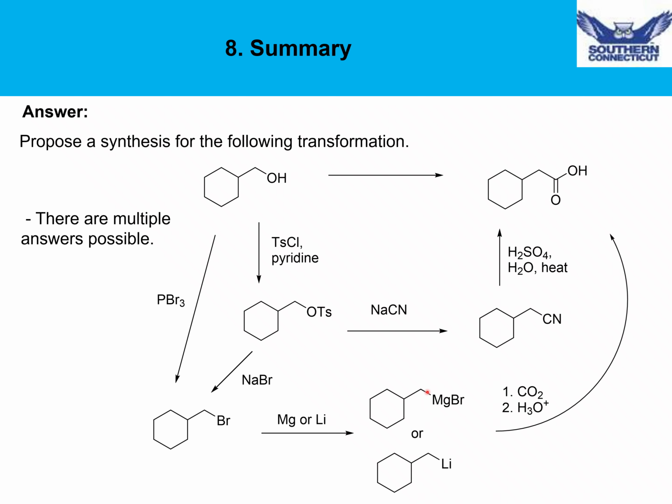And then that turns these compounds into carbanions, which are nucleophilic, and they can react with CO2 to add a carboxylic acid. Note in this reaction, not only did we transform the alcohol into a carboxylic acid, but we also added an extra carbon, which we can do by adding the cyanide nucleophile if we go this route, or by adding CO2 by going through the Grignard or organolithium route.